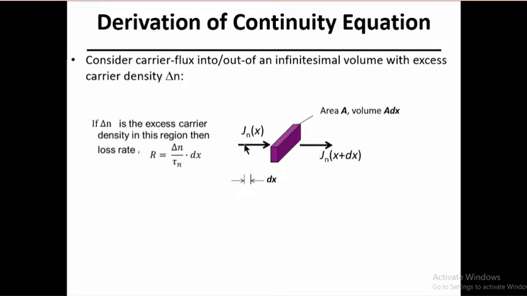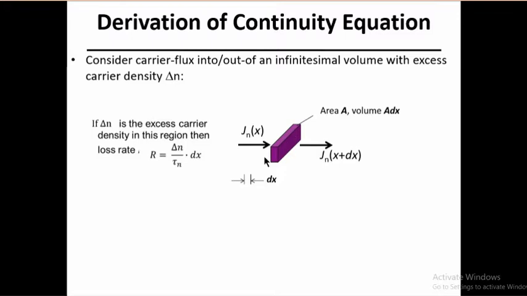If we have a current flowing into the semiconductor through a thickness of dx and a cross-sectional area A, then this current Jn of x, as it passes through the material, becomes Jn of x plus dx going out of the material, passing through a volume of A dx.